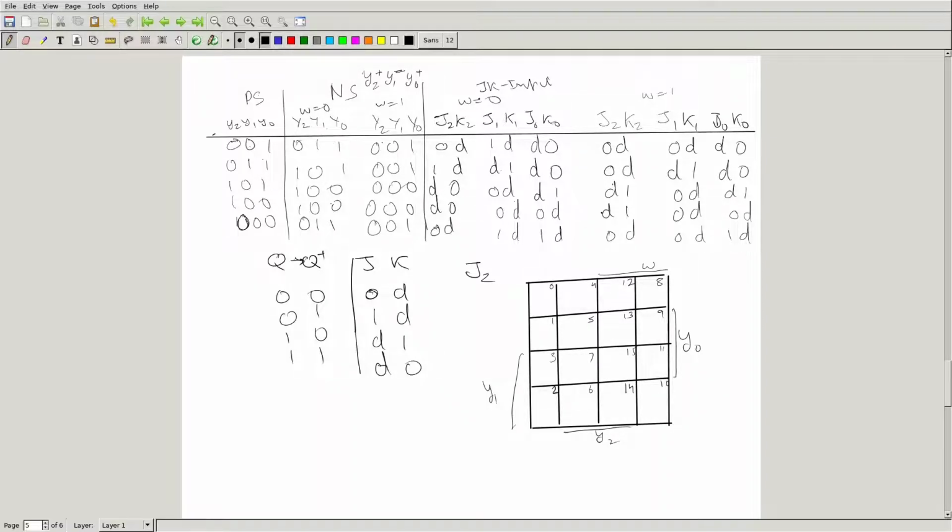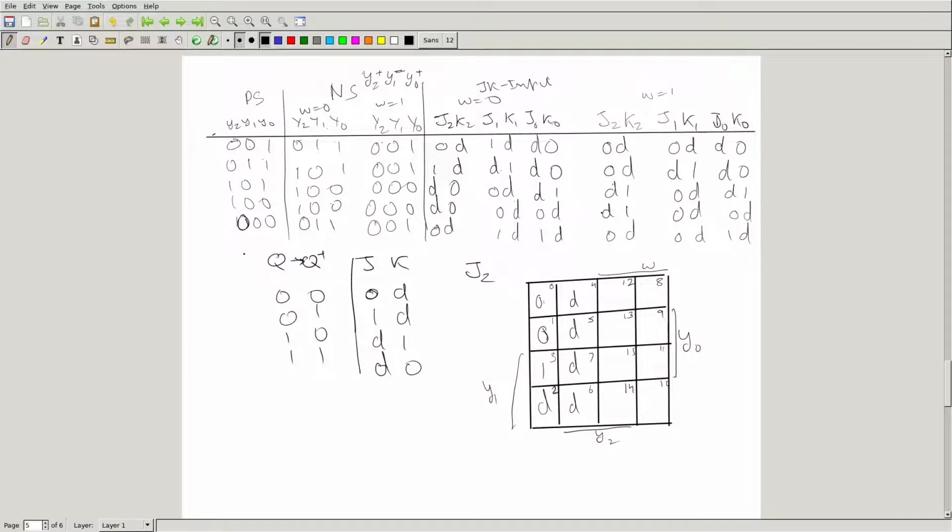So for w equal to 0, this half, when our present state is 1, then J2 is 0. When it's 3, it is also 0. When it's 0, then it's 0. And in the rest of the cases, it's just D. Why is it D?